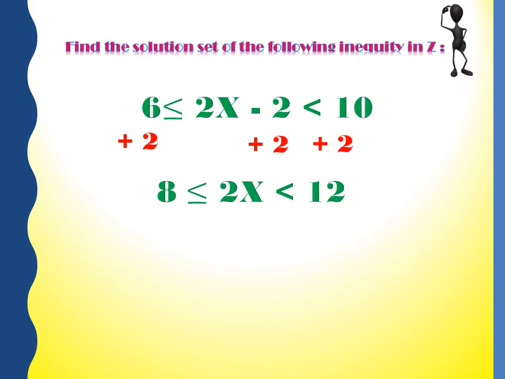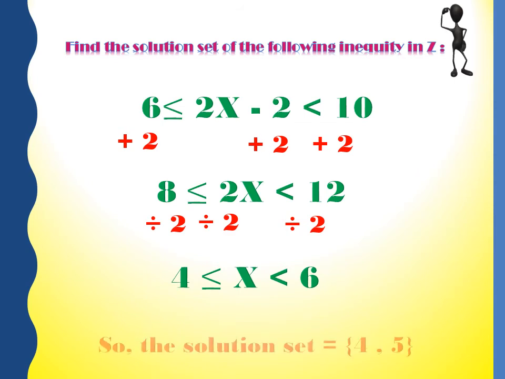Then let's get rid of this 2 by dividing the three sides by 2 to have x greater than or equal 4 and smaller than 6. Here the solution set in the set of integers is 4 and 5.